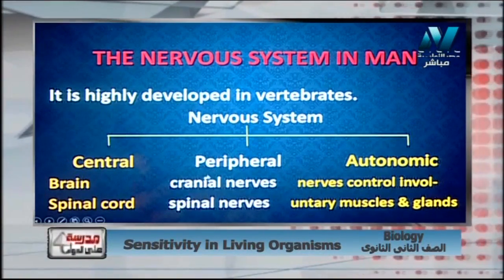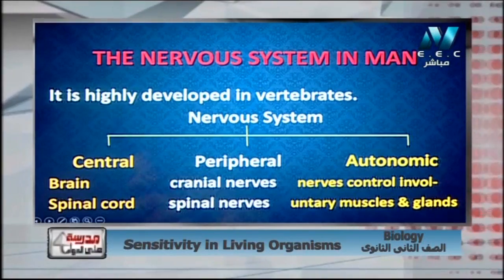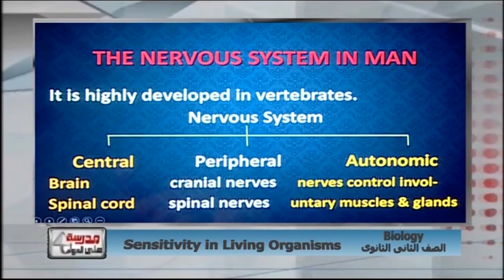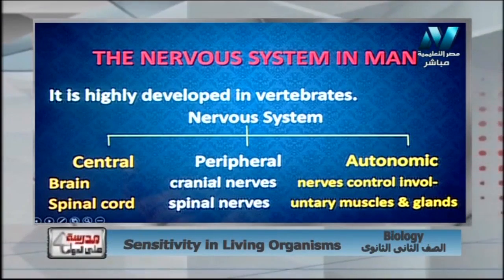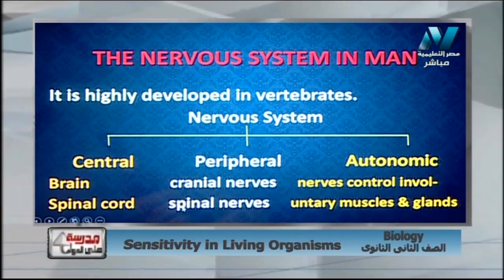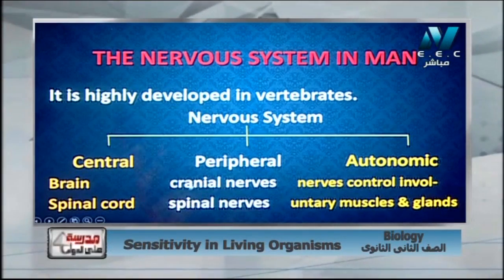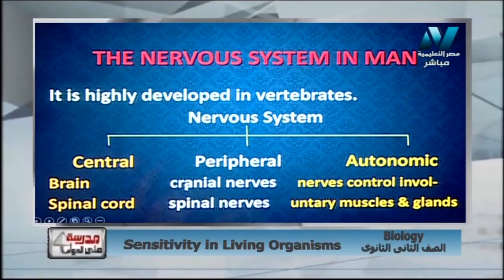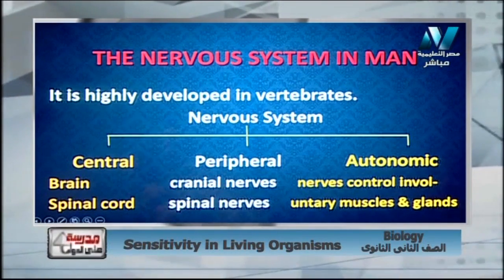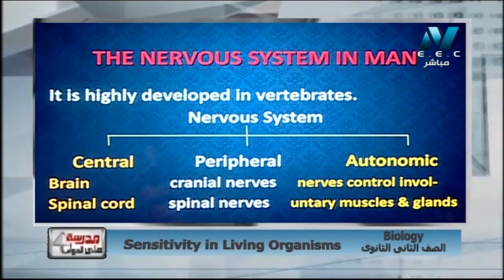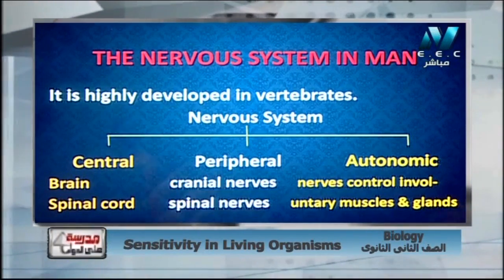The peripheral nervous system consists of the nerves that come out from the brain, the cranial nerves, or come out from the spinal cord, the spinal nerves. They come out in pairs to supply the two sides of the body and to receive and give suitable stimuli. The third part is called the autonomic nervous system.